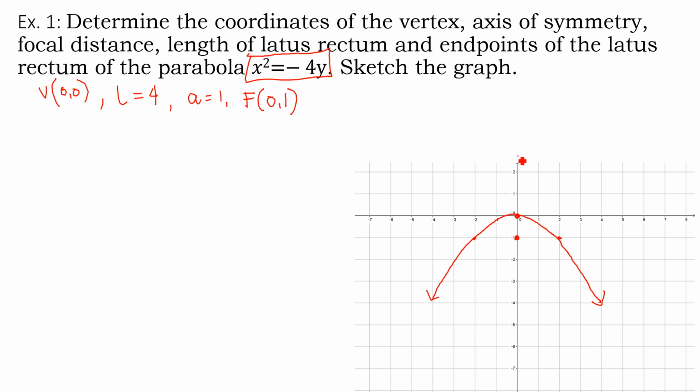As you can see here, the axis of symmetry is x equals, not x, but y equals 0, because it is open downward, and then the vertex is at the origin.